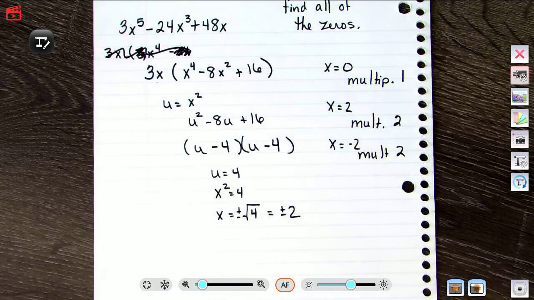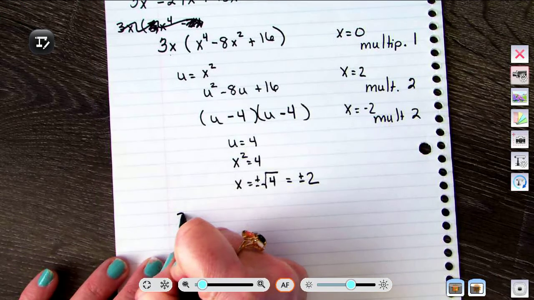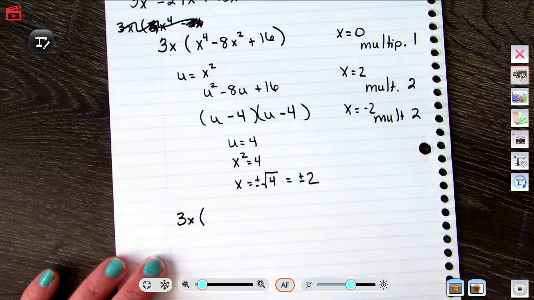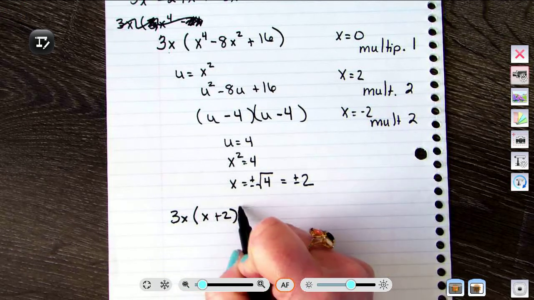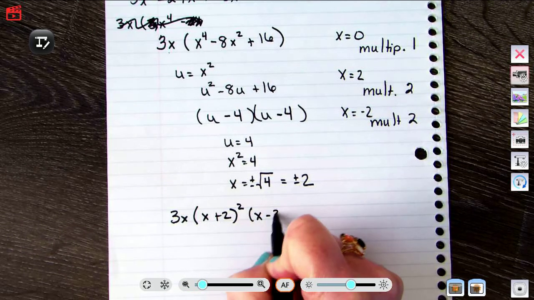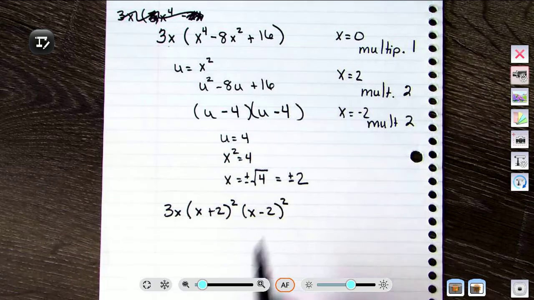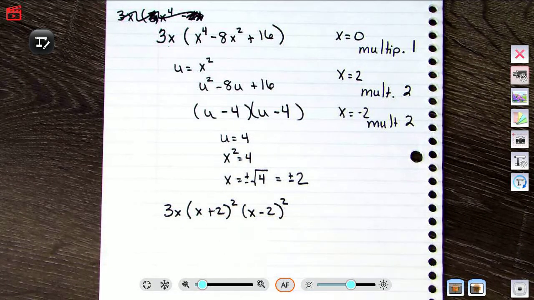If we were going to write this in factored form, some of the problems will ask you to write it in factored form, I would be writing this as x plus 2 squared and x minus 2 squared. And you can see that multiplicity is going to be on the power that we have those zeros.